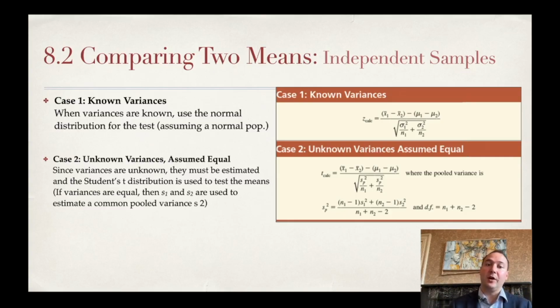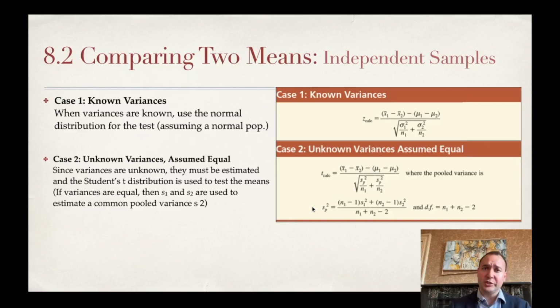Since variances are unknown, they must be estimated and the t-distribution is used to test the means. If variances are equal, then S1 and S2 are used to estimate a common pooled variance. In other words, if our two samples are coming from populations with an equal standard deviation, if we know that those standard deviations, or we know that variance is equal, then we can simplify our calculation as follows.